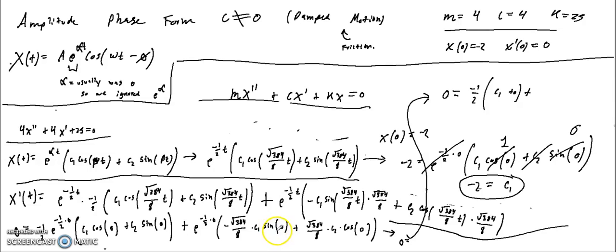We have a sine of 0 here, so that's just 0, plus radical 384 over 8 times c2. And we know c1 is just negative 2, so this right here is just 1. So we move the 1 to the other side, do some algebra, and get c2 equals negative 8 over radical 384.